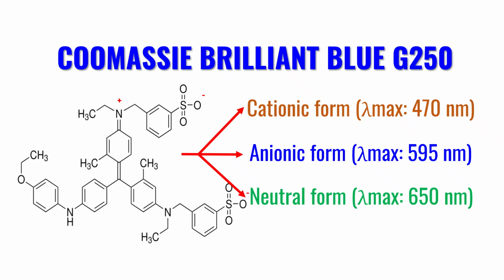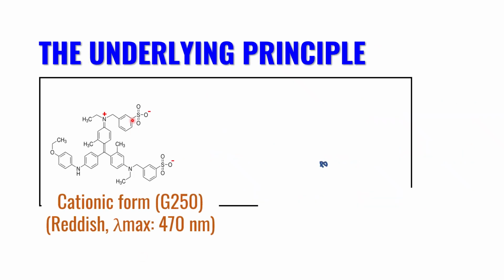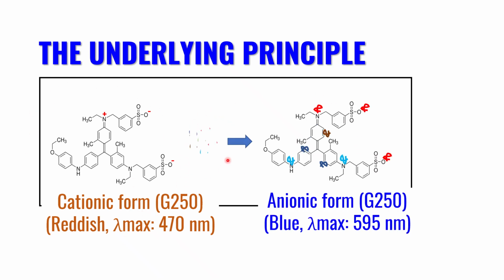So basically, the spectral properties of these forms are also different. For example, the cationic form absorbs maximally at 470, whereas the anionic form at 595 and the neutral form at 650 nanometer. Regarding the underlying principles, it involves the conversion of the cationic form of the dye into the anionic form in the presence of protein molecules in the acidic medium.